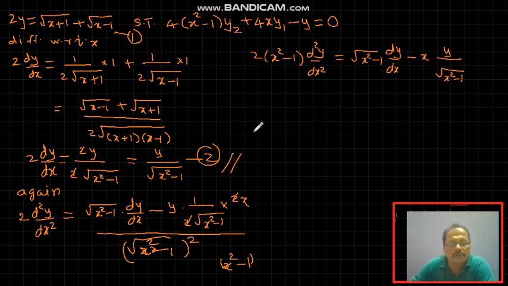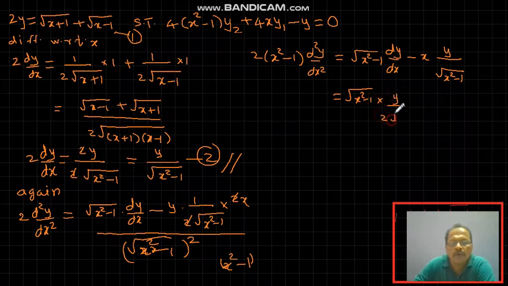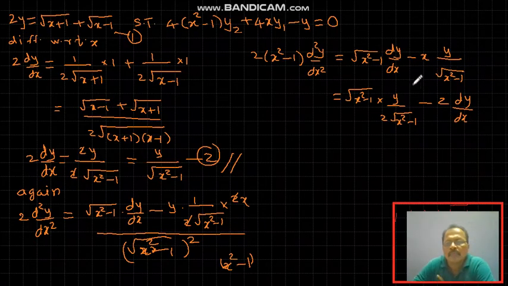As I want to use this 2, in place of dy by dx, I can write y upon 2 under root x square minus 1, equal to under root x square minus 1 into y upon 2 under root x square minus 1 minus, now in place of y upon under root x square minus 1, I am going to use here 2 dy by dx multiplied by x.